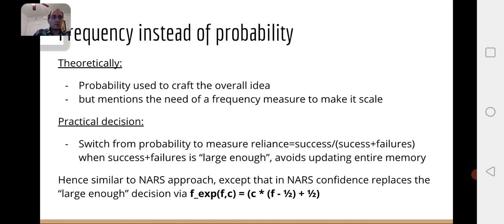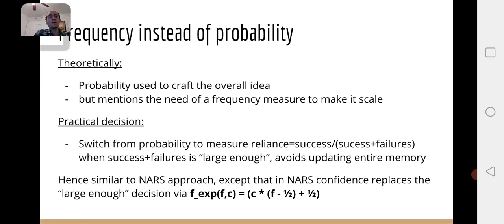So even though just one example was seen, this schema will already be used and seen as highly capable, and this will often not work well, because often this was just luck. So what he proposed is to only use the schema when success plus failures is large enough, and this is essentially a hack, because it's better than not considering the sample size, but it's not as good as taking both reliance and sample size into account.